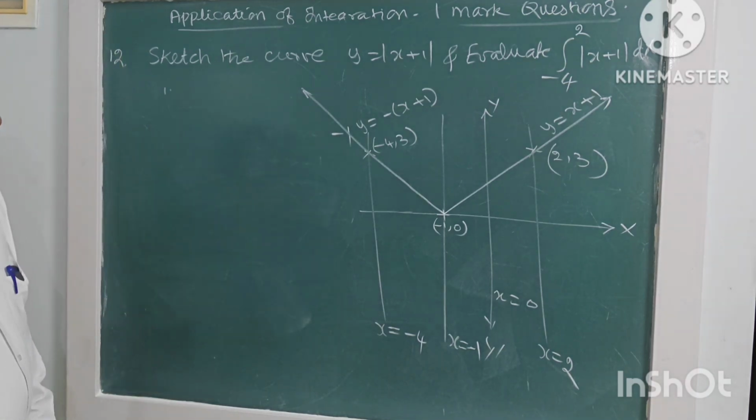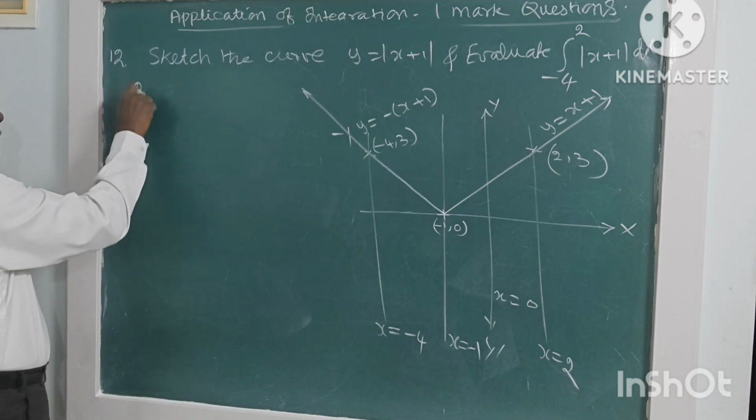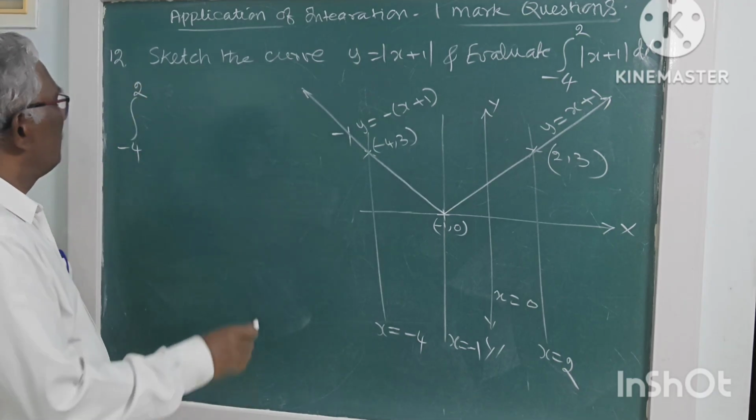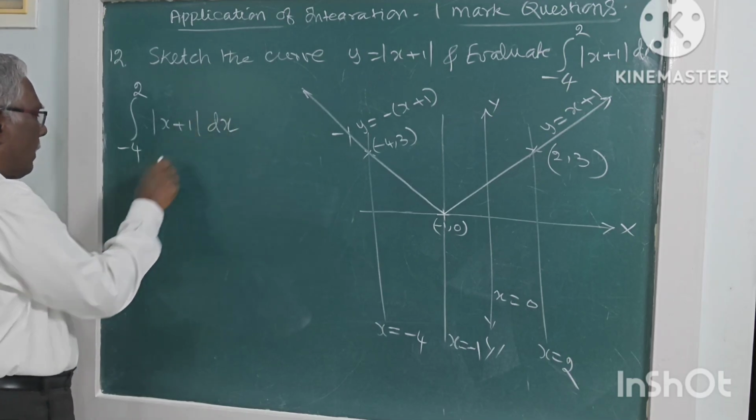Now we have to evaluate that integral, the integral from minus 4 to 2 of modulus of x plus 1 dx.